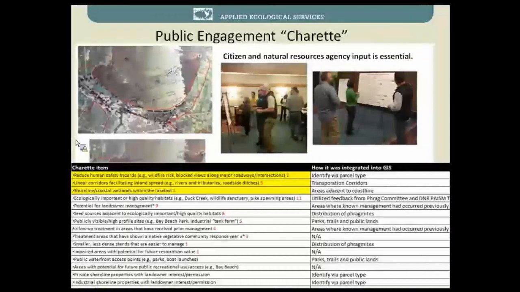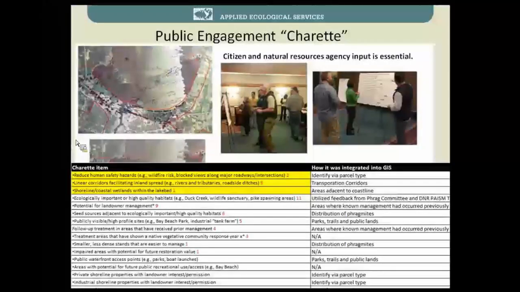So we've typically, with partners, had public engagement charrettes where the mapping that was done of Phragmites and perhaps other invasive plants of concern is presented to neighbors, neighborhoods, community groups, the city council, the planning commission, or others, and all the regulators that might have some sort of involvement in the process or might own land. Certainly all the landowners where any treatment might be contemplated. You don't treat on private property without the permission of the private landowner, or on public property for that matter, without concurrence with the public landowner.